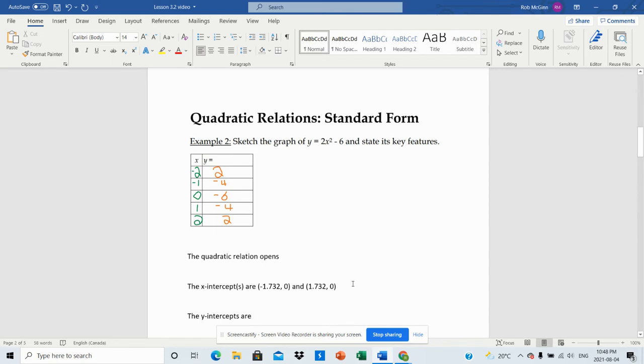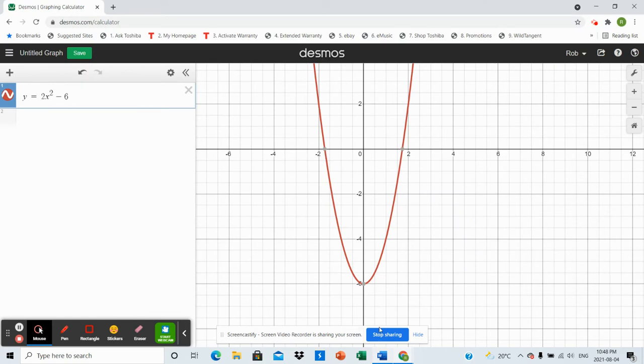That's one of the handy things about having your quadratic relation in standard form. So when x is 0, y is going to be negative 6. We can verify that just going back to Desmos. Oh, yeah, right there, we're crossing the y-axis, 0, minus 6.